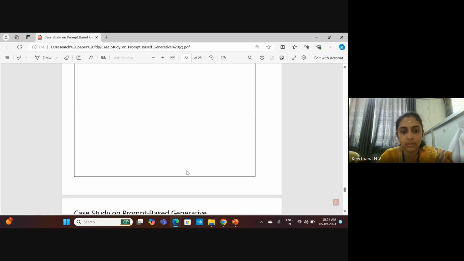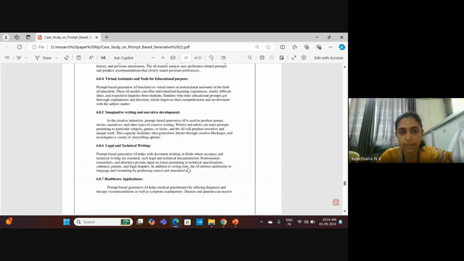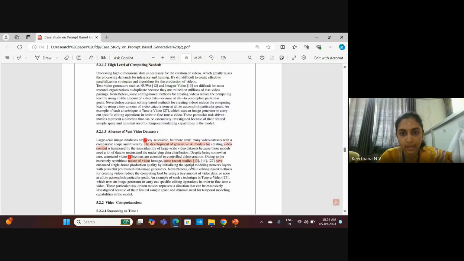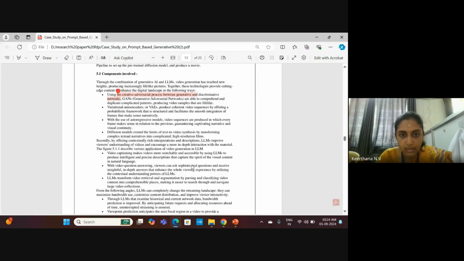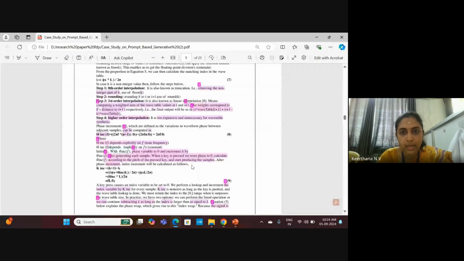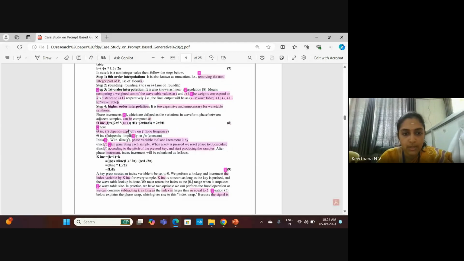Can you see this document? This content we wrote recently. These diagrams I have drawn using the draw.io tool, and these are the equations where I changed the parameters.